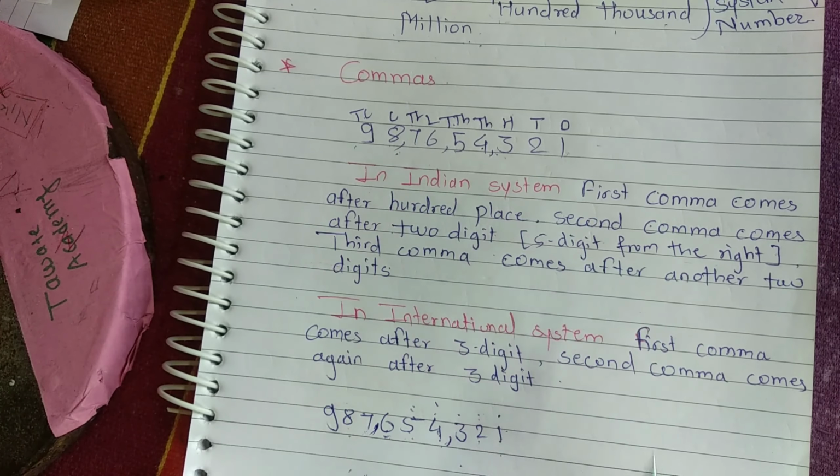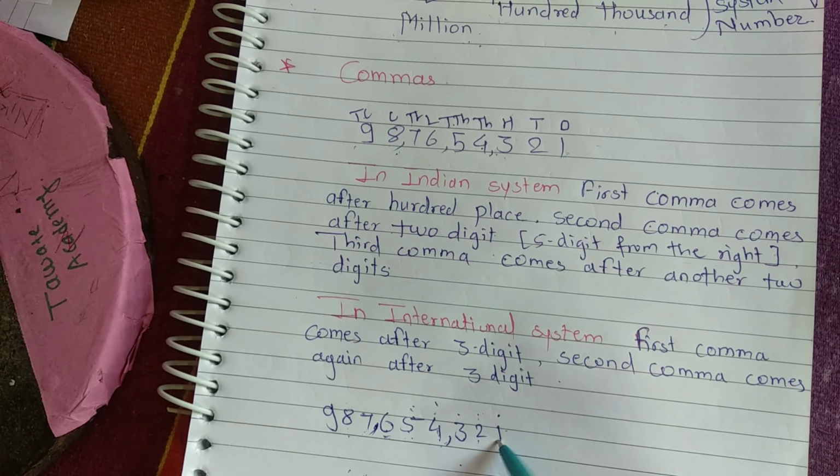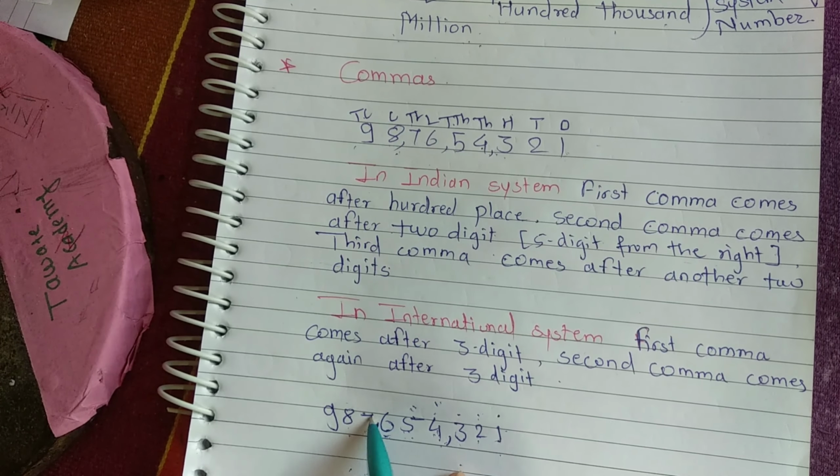Means in international system we know how to read these numbers. 1 is ones, 2 is tens, 3 is 100, 4 is 1000, 5 is 10,000, 6 is 100,000, 7 is million, 8 is 10 million, 9 is 100 million. Okay.